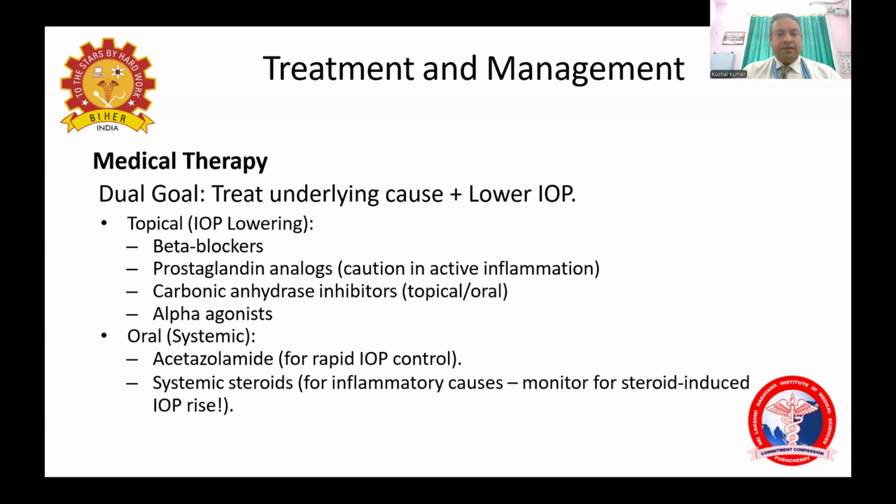Carbonic anhydrase inhibitors can be used, either topical or oral, and alpha agonists. Oral or systemic acetazolamide can be used for rapid intraocular pressure control and systemic steroids for inflammatory causes, but one must monitor the IOP, which could be raised because of steroids.